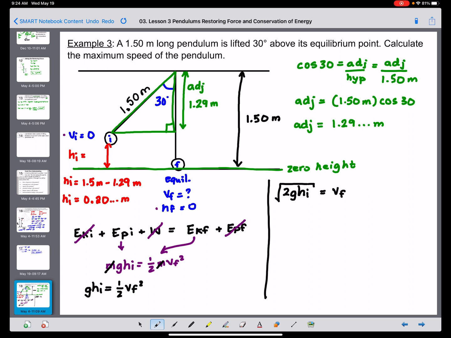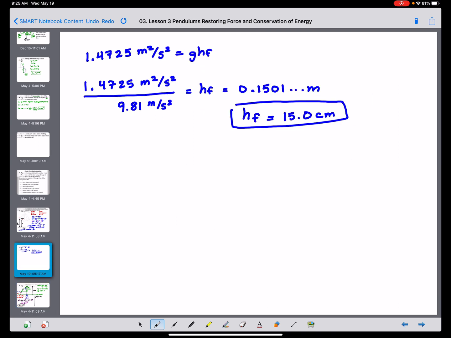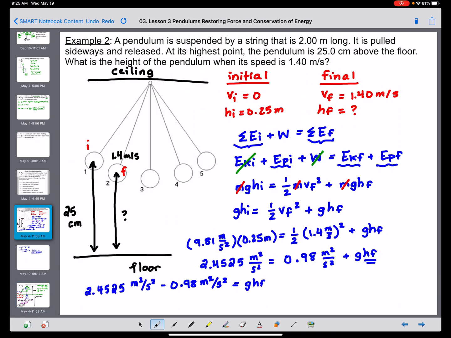You might be wondering why I rearranged here first before plugging in numbers, whereas in the last example, I plugged in numbers first. It just has to do with how complicated it is. So this formula here that I'm circling isn't a very complicated formula, so it's easy enough to rearrange. But when I was doing the last example, the formula that I had was a little bit more complicated, and so it was easier to just put numbers in first rather than trying to rearrange.